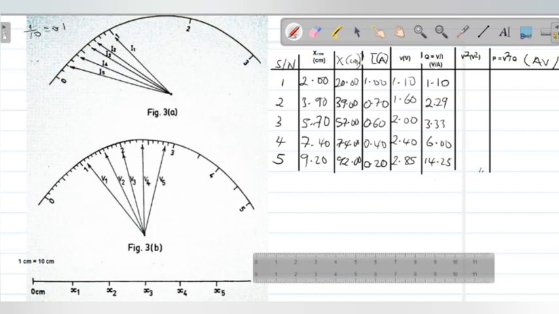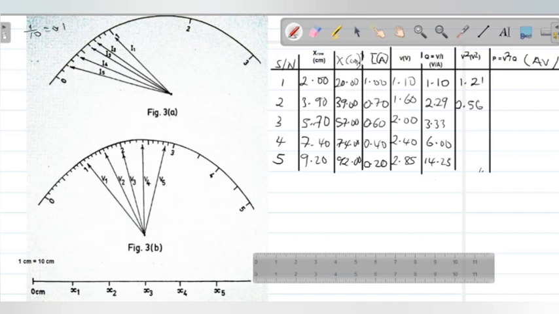Next, we have to evaluate V squared. We square all of this and give the result to at least 3 significant figures. When I square 1.10, that's going to give me 1.21. When I square 1.60, I get 2.56 to 3 significant figures.